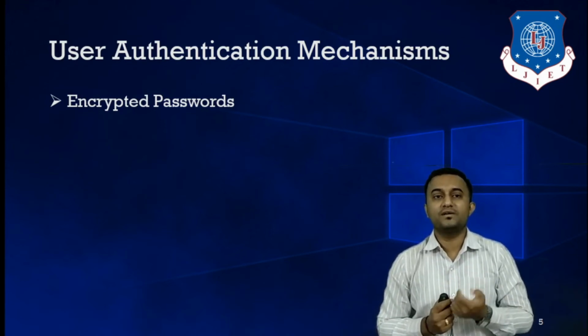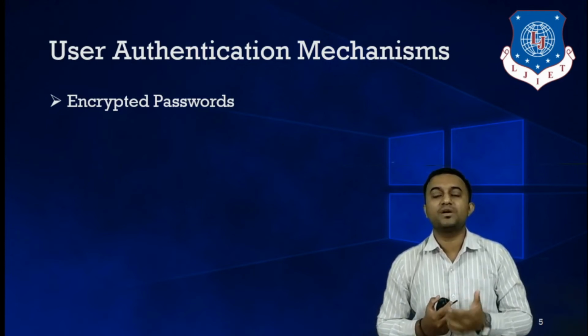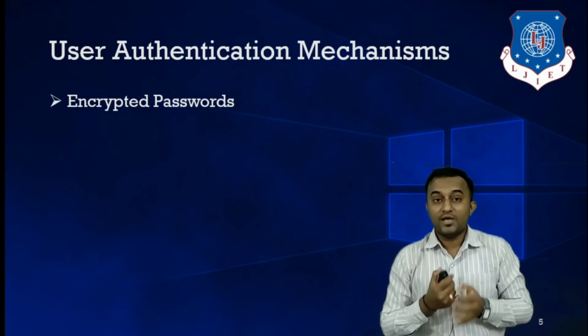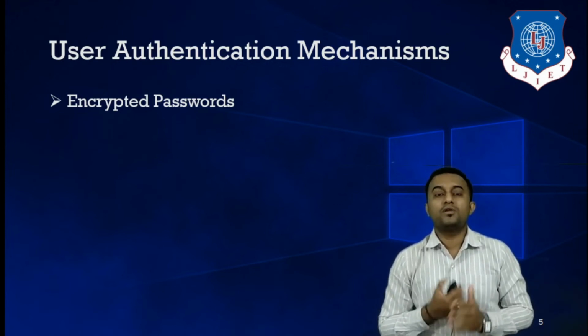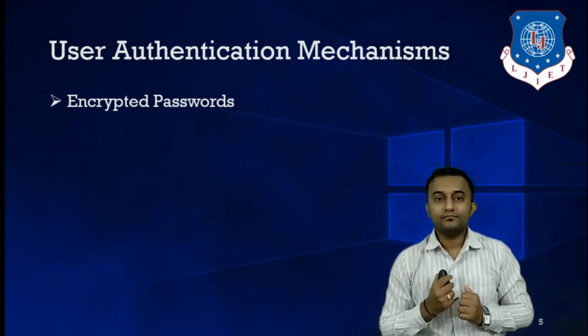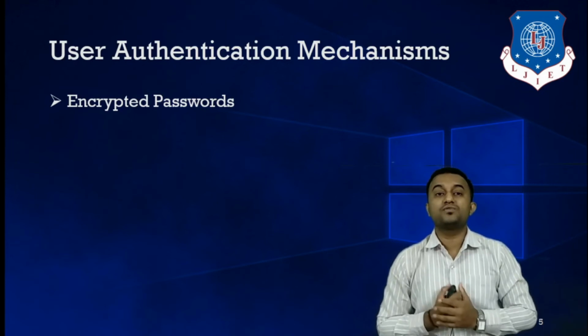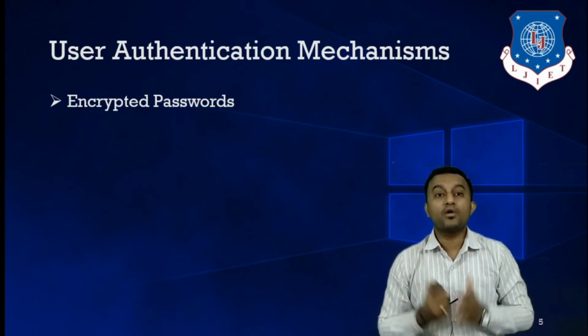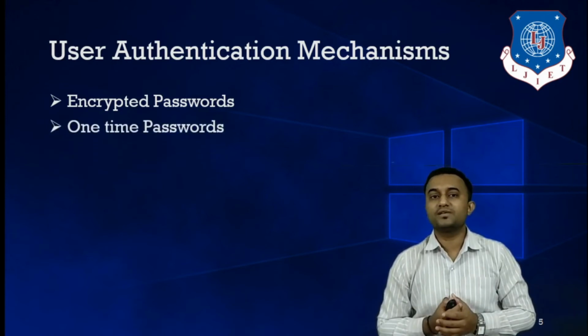There are various user authentication mechanisms, and one of them is the encrypted password. Means without keeping the password in plain text form, we can have the encrypted password to provide a higher level of security. That is possible in the case of user authentication mechanisms.